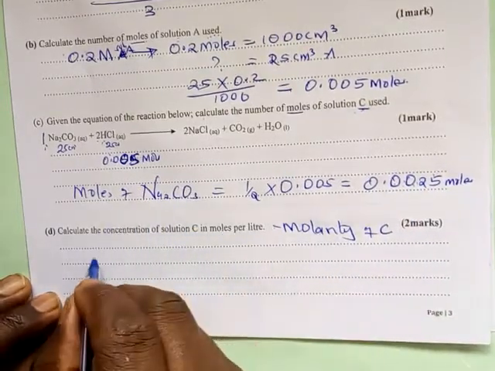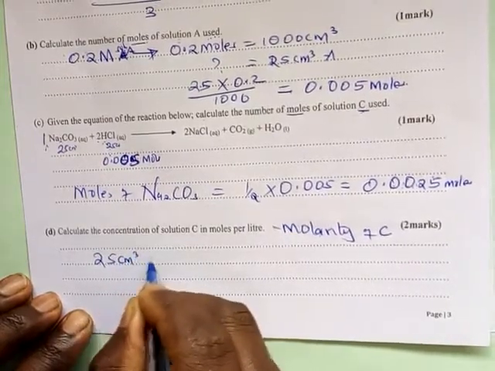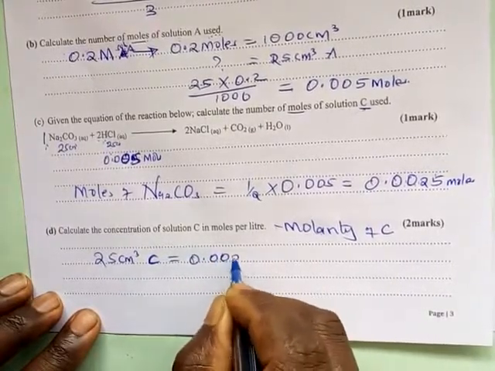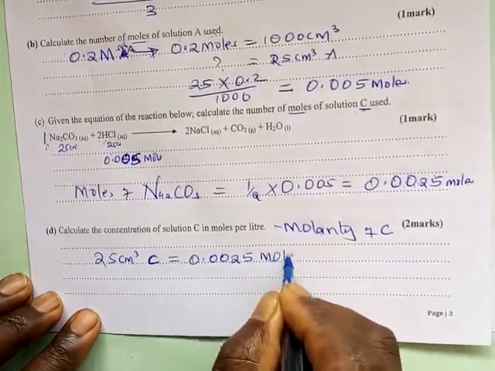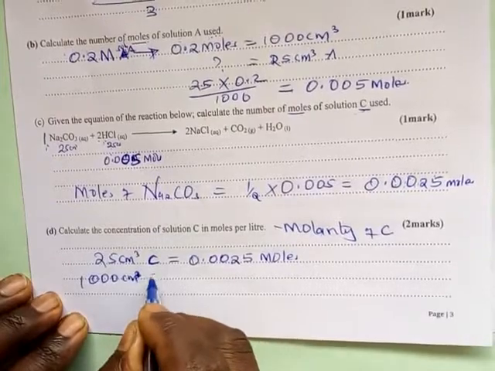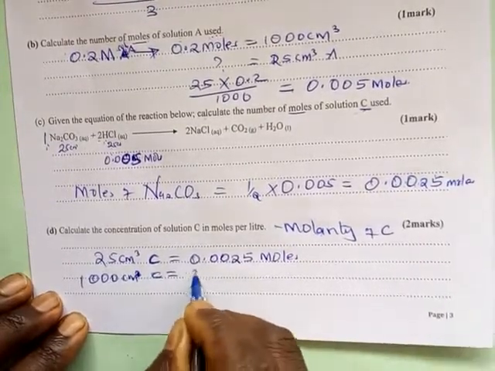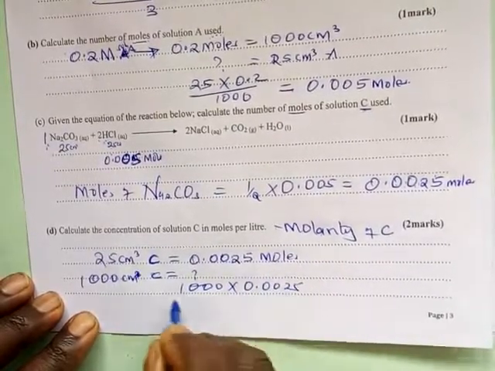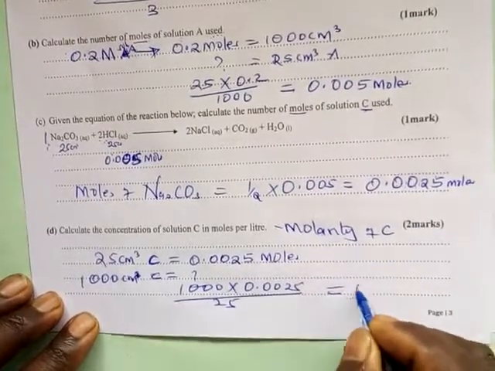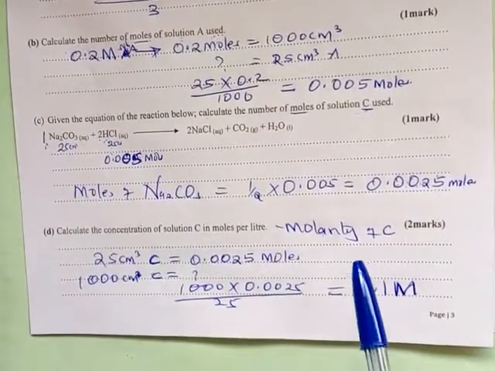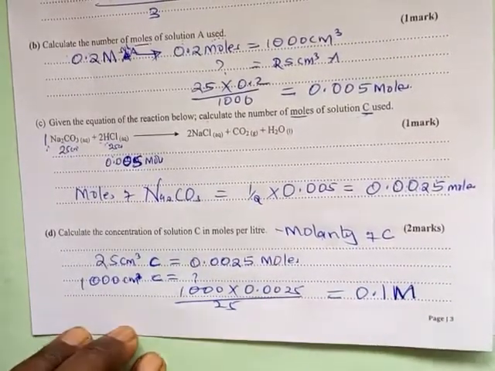And that is molarity. 25 centimeters cube of solution C equals 0.0025 moles. 1,000 centimeters cube equals 1 liter. Solution C will be what? And this will give you 0.1 capital M. That's what the molarity of solution C is, 0.1. Let's go to the next page.